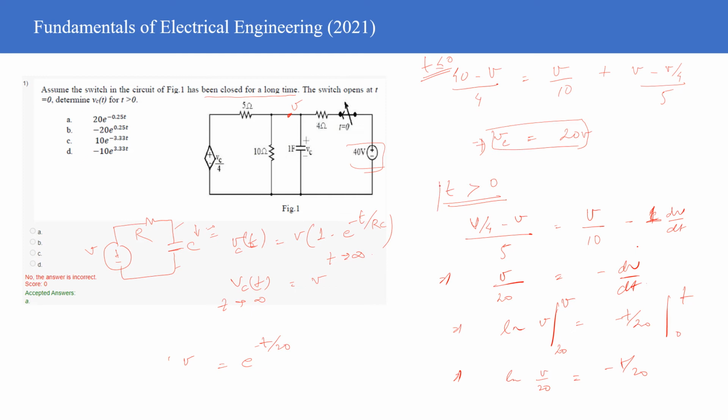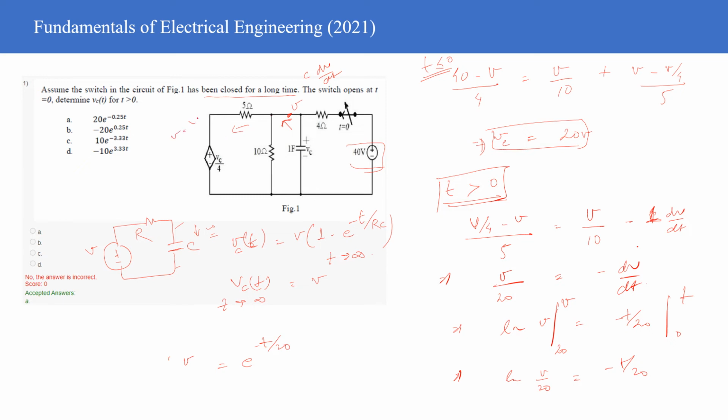So for time t greater than 0, you can write the nodal equation for the current discharging into this particular circuit as I is equals to C dV by dt, right? And from this point on, you can write this voltage minus this voltage.